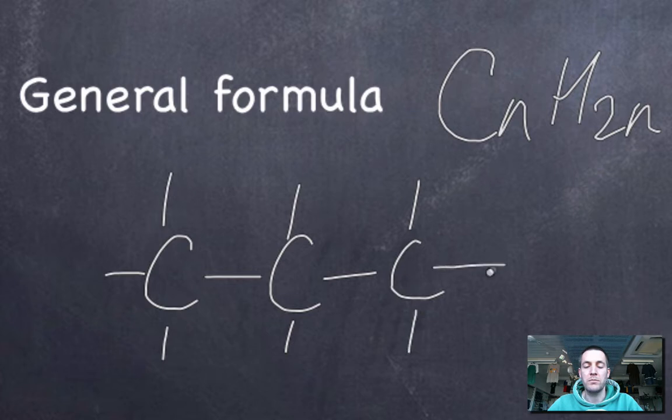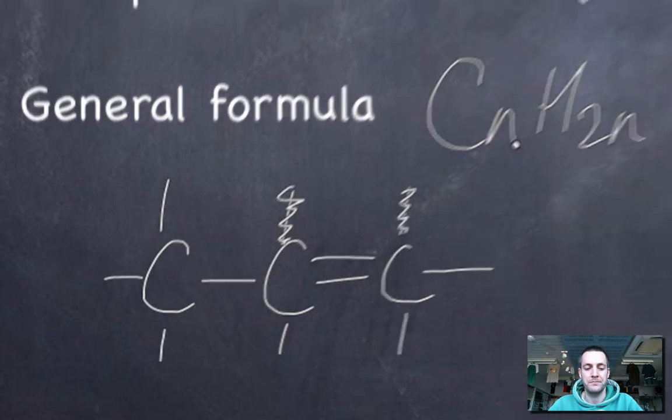Because if that was propane, an alkane, and I put a double bond in between 2 of the carbons, then suddenly these 2 bonds, for example, wouldn't be able to exist, because this carbon can only form 4 bonds and that carbon can only form 4 bonds. So instead of being CnH2n+2, like the alkanes, as soon as we put a double bond in, they become CnH2n. And we only need to deal with alkenes that have 1 double bond in them.